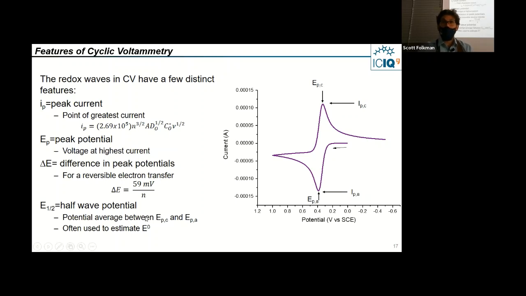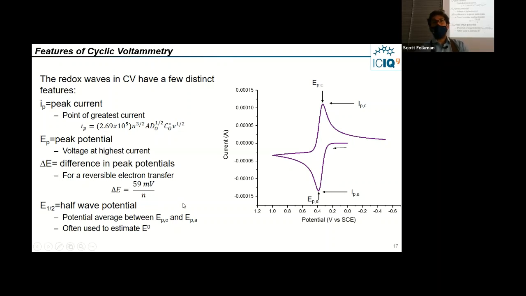There's often confusion in the literature about exactly how to do this. My preferred method is the average between the peak cathodic potential and the peak anodic potential. That's often used to estimate the E0.